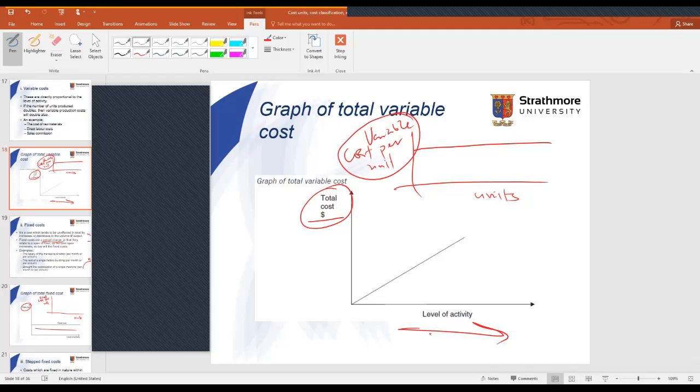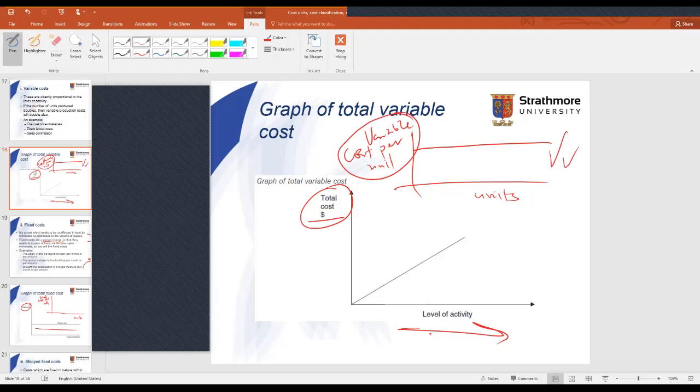It does not matter if you produce 1 unit or 10,000 units, the cost remains the same. The variable cost per unit is a constant. And this is how the graph will be like. Is that clear? Variable cost per unit.